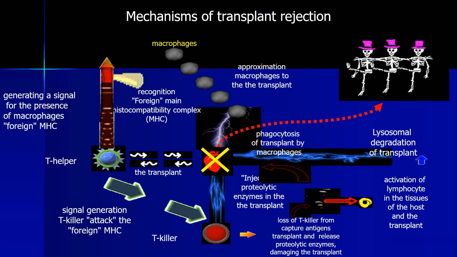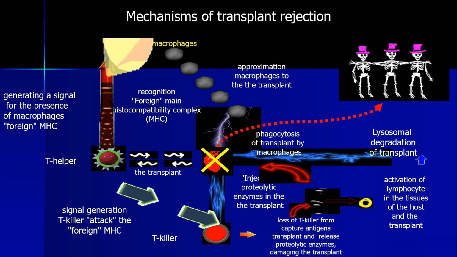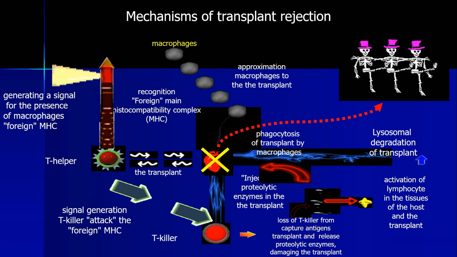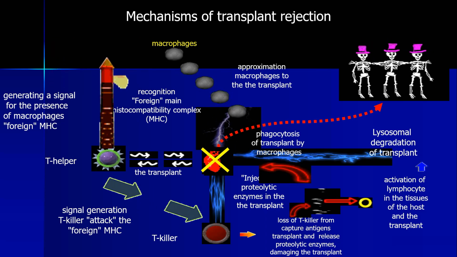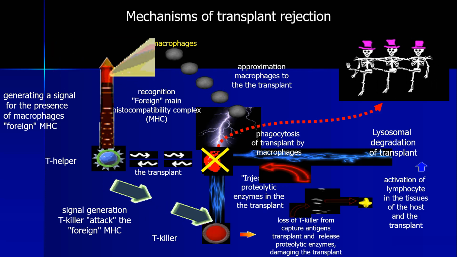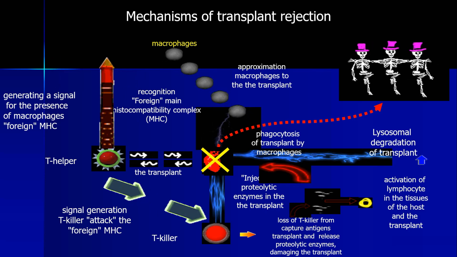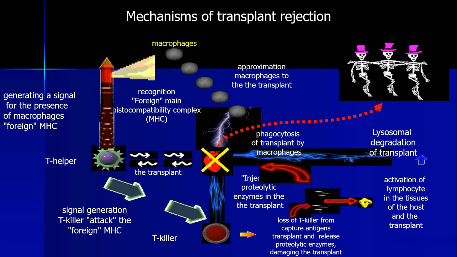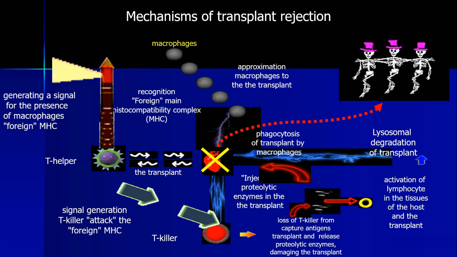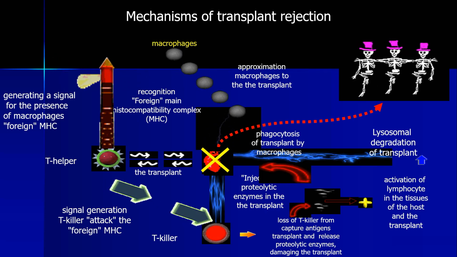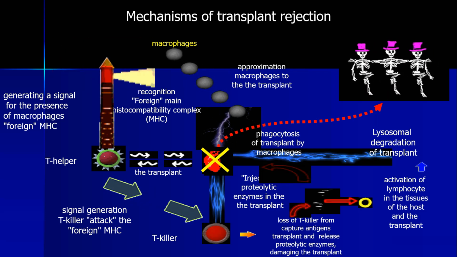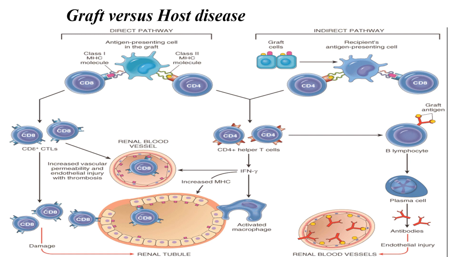Mechanism of transplant rejection. Transplant rejection is frequently observed in heterotransplantation and even in homotransplantation, in the recognition and rejection of organ allografts. There are direct pathway and indirect pathway.